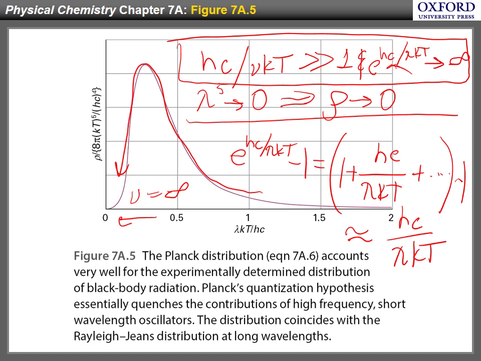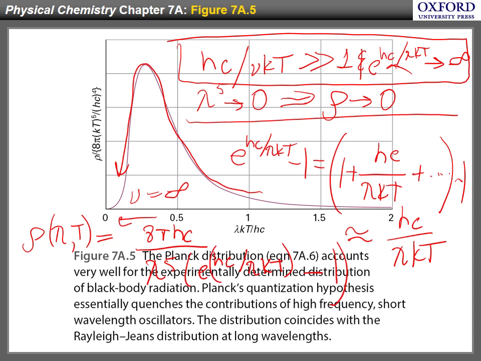The most important thing is if this approximation is inputted into Planck's distribution, which is rho lambda T, which equals 8 pi hc divided by lambda to the fifth, times the exponent of hc divided by lambda kT minus 1.